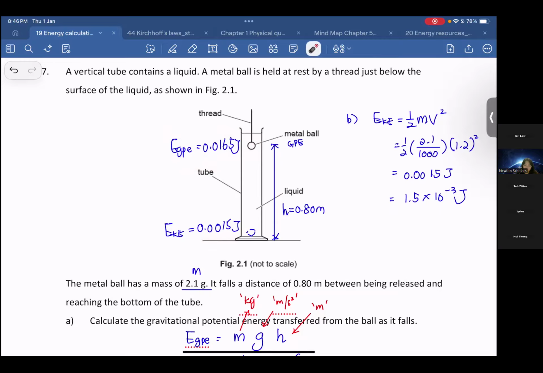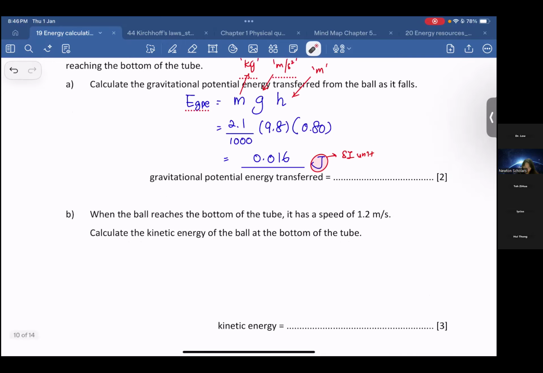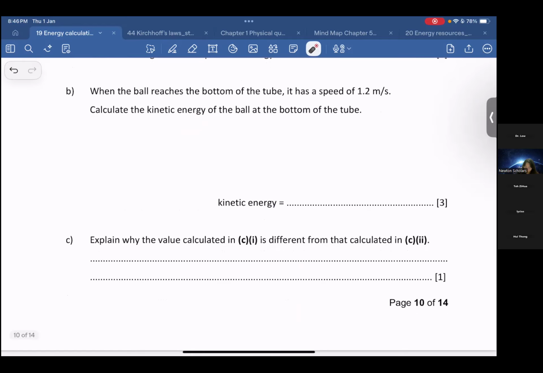What is happening? So next, the question asks you to explain why. In A and B, because I modified this question, the visual numbering I didn't change.